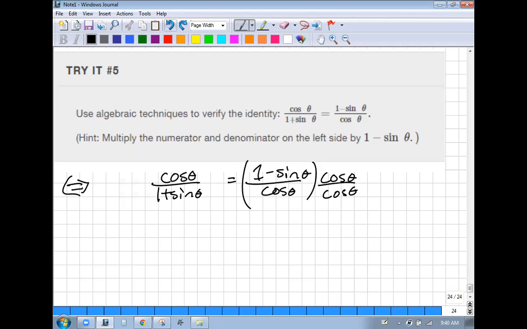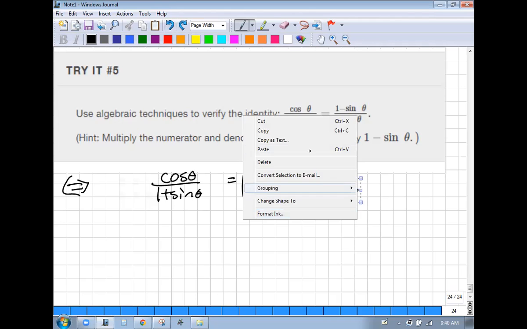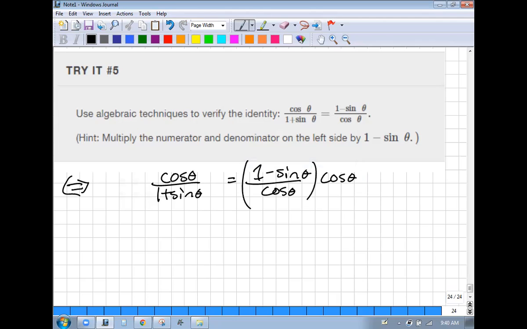I could try that, or I could multiply both sides of the equation by cosine. I can multiply both sides of the equation by anything I want, right? But now I got a cosine squared and only one cosine, so let's not do that. Let's try this one. This has a cosine, this one didn't, so I gave it one.